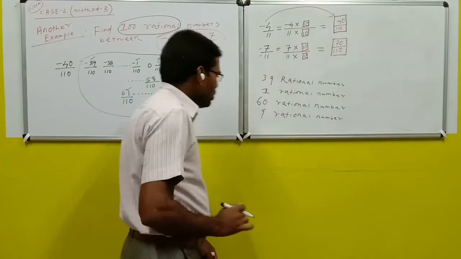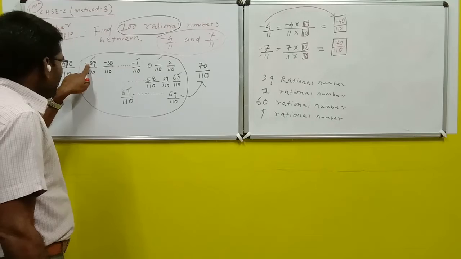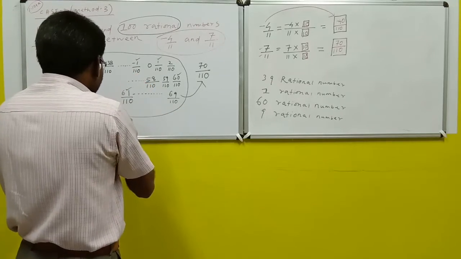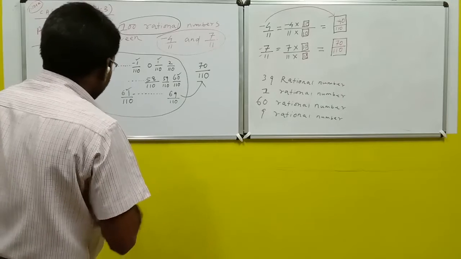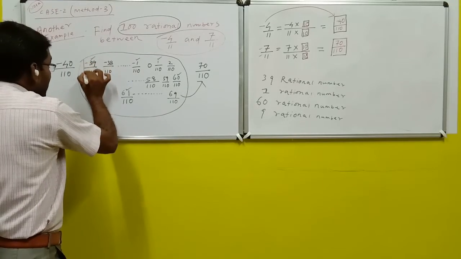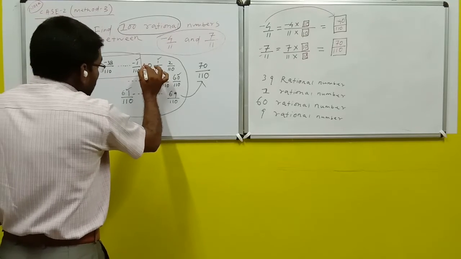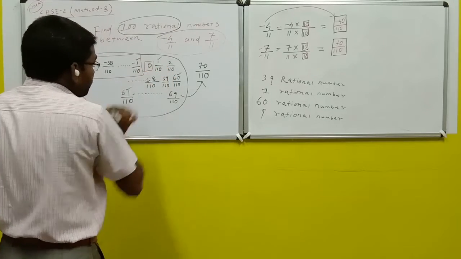Let me say it again. From minus 39 by 110 to minus 1 by 110, they are 39 rational numbers. Zero is one rational number.